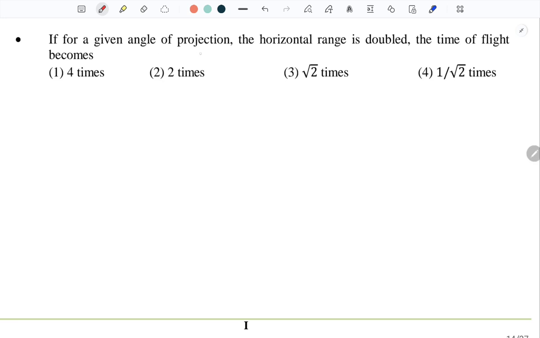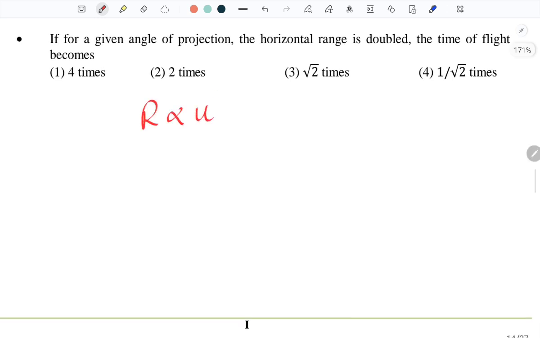If for a given angle of projection the horizontal range is doubled, the time of flight becomes... So R is proportional to u square, from the formula R is equal to u square sin 2 theta by g. What about time of flight? Time of flight is proportional to u, isn't it?